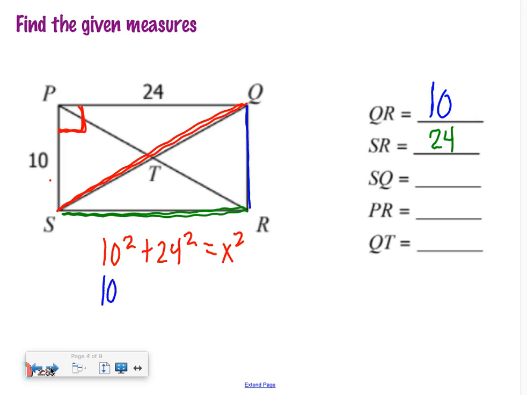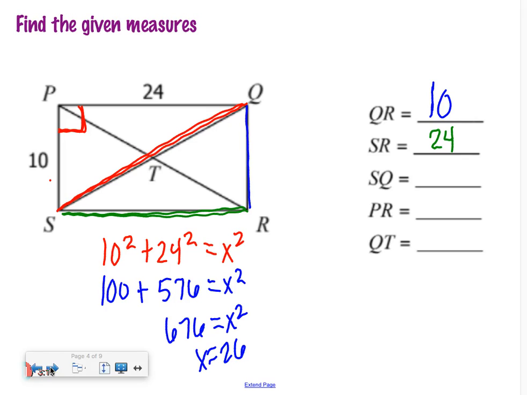Ten squared gives me 100. What's 24 squared? 576. Perfect. What did we get? 26. Perfect. So now we know the diagonal length is 26.